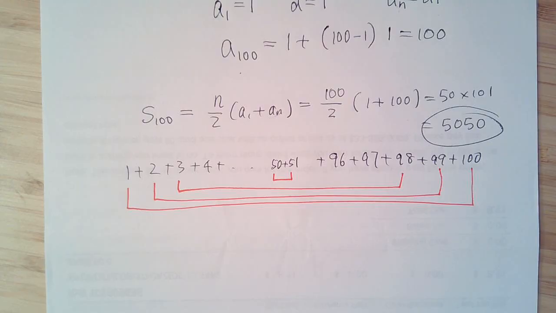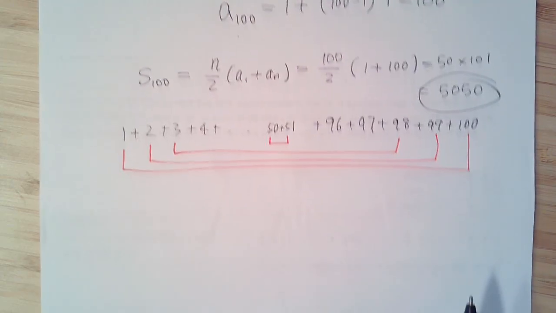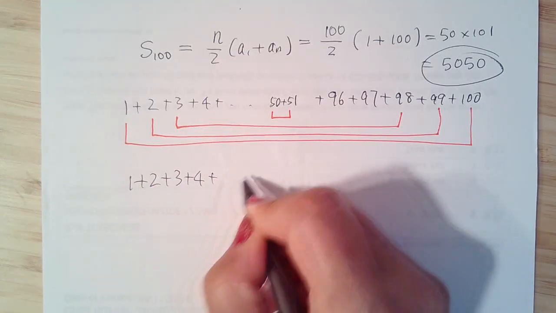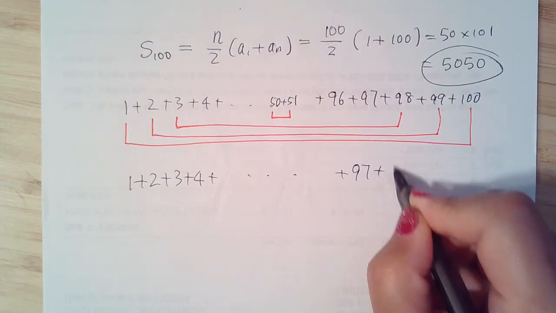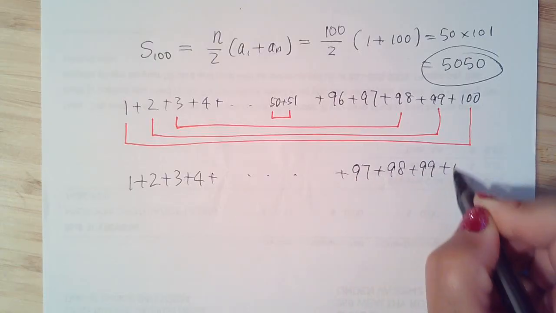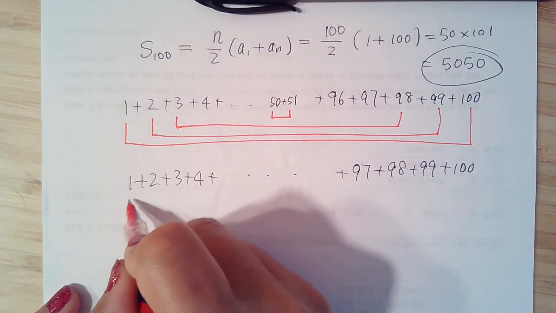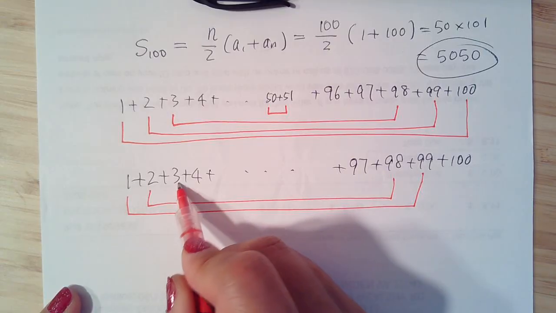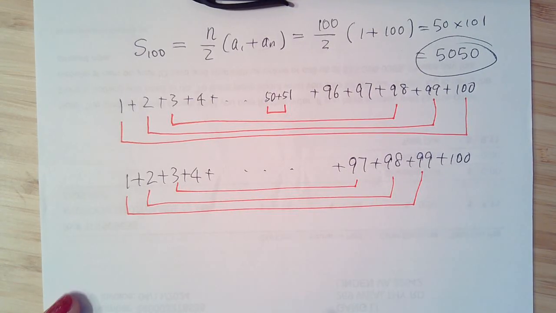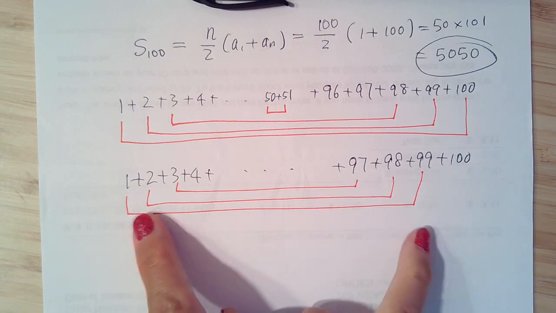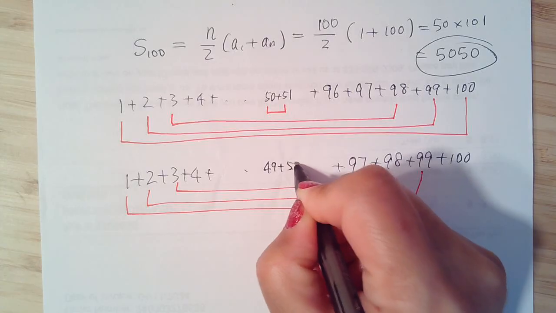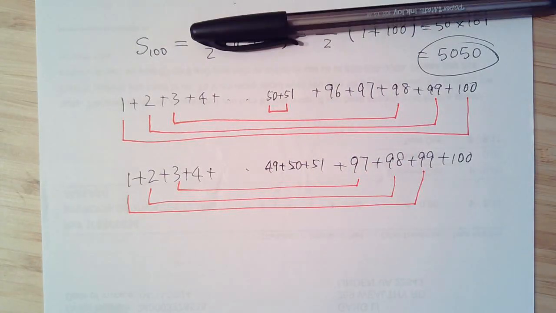Or if you like, you can also use another method. I just like to play with those numbers. So 1 plus 2 plus 3 plus 4 plus and so on, and then plus 97, 98, 99, and 100. What I like to do is add 1 and 99, 2 and 98, 3 and 97. So I have 100, 100, 100. How many 100s do I have? In the middle, I have 49, 50, and 51. So in the middle, I add this two and get 100.